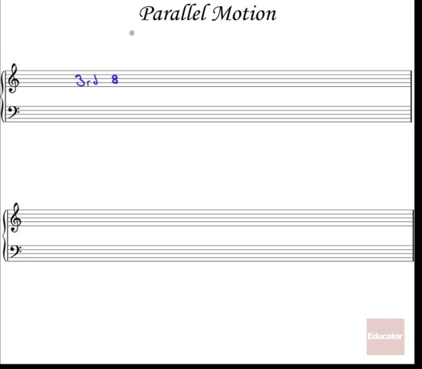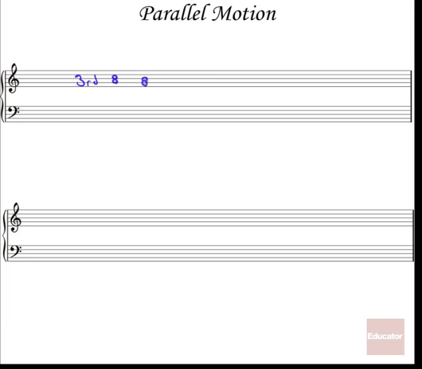And if we say that these voices are moving in parallel to each other, it means that every step that, let's say, this bottom voice takes, so if this bottom voice takes a step down a second, the top voice is going to make the same step down. So it'll take a second down, diatonically for both, of course.